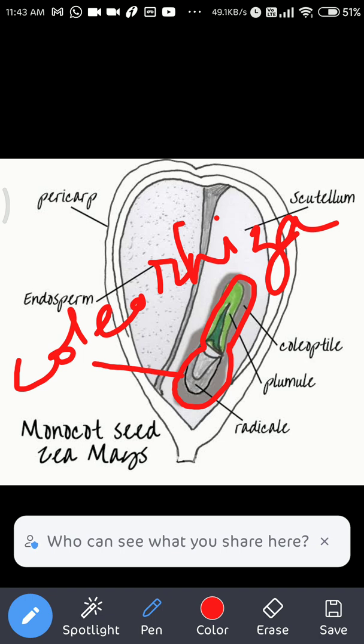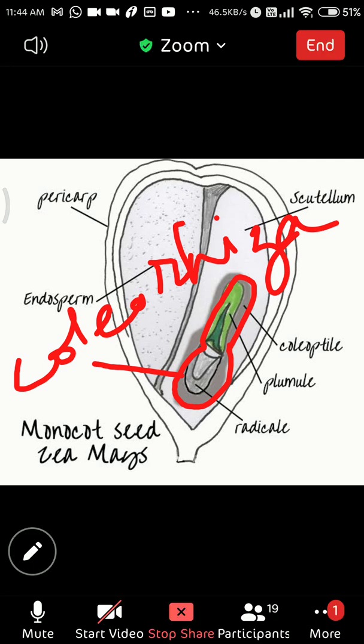Coleorhiza is a sheath around the radicle. The radicle is the embryonic root.